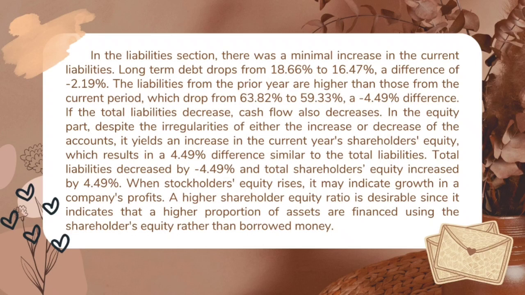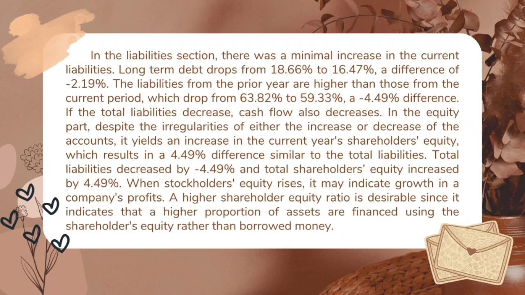Long-term debt drops from 18.66% to 16.47% in the year 2021, which has a difference of negative 2.19%. The liabilities from the prior year are higher than those from the current period, which dropped from 63.82% to 59.33%, a 4.49 difference. If the total liabilities decrease, cash flow also decreases.